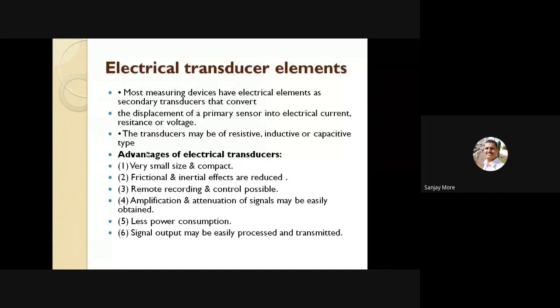Then amplification and attenuation of signals may be easily obtained. Then less power consumption. And signal output may be easily processed and transmitted. These are the advantages of electrical transducers over mechanical transducers.